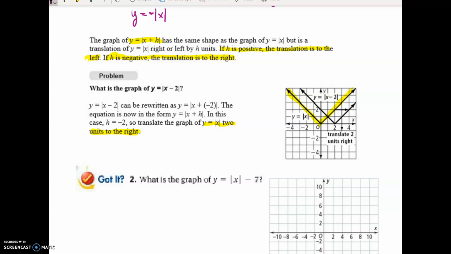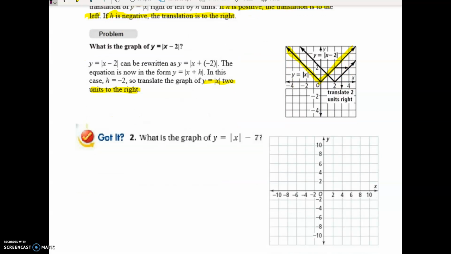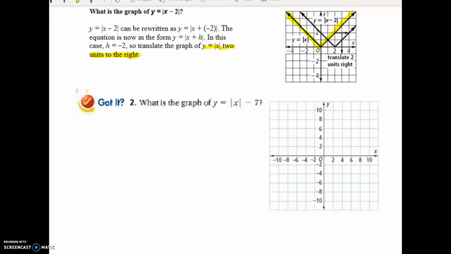So just a chance to see that relationship. So go ahead on your own. You can press pause. Go ahead and graph this absolute value function and then unpause, and you can see the answer miraculously appear.